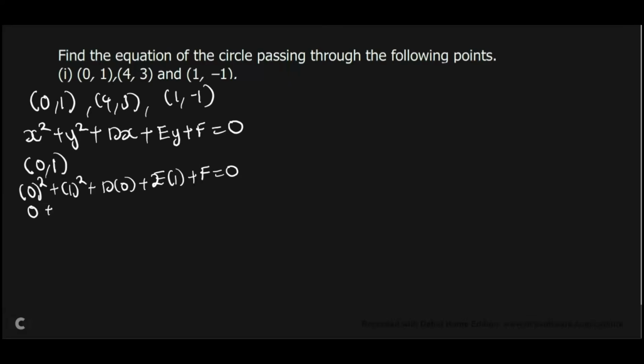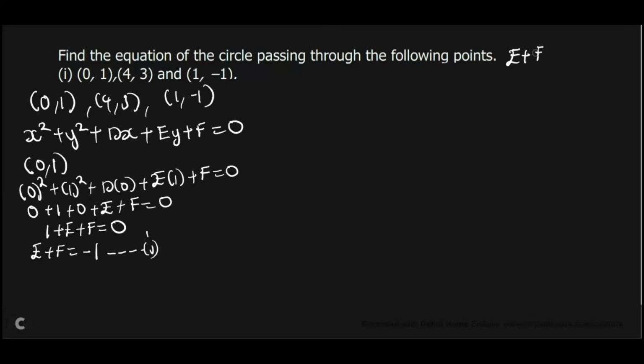So this is 0 plus 1 plus 0 plus e, then plus f equal to 0, such that you have 1 plus e plus f equal to 0. Then you have e plus f equal to -1. So that is your first equation.